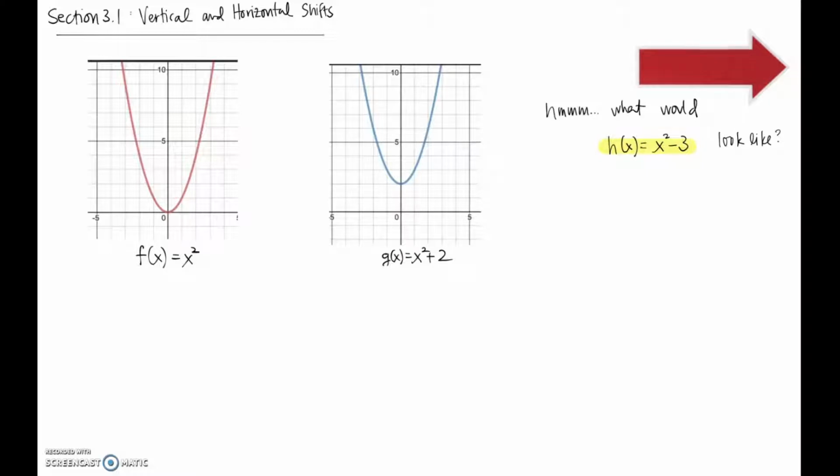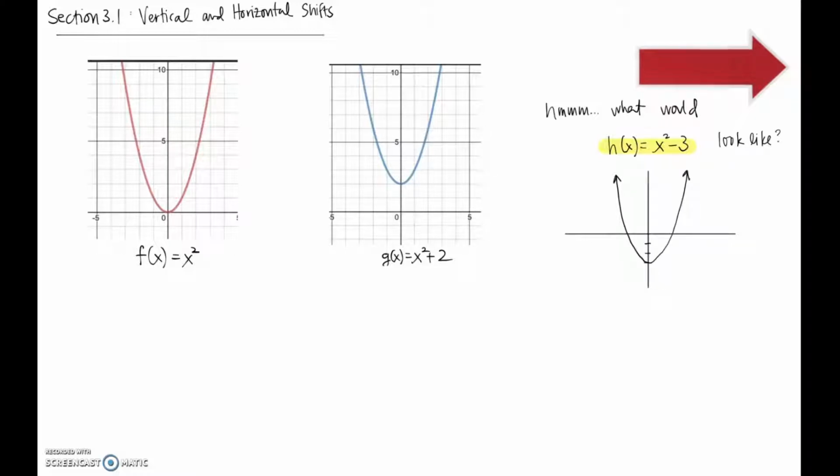Think about that for a minute. Knowing how these guys behaved, I would expect that h of x equals x squared minus 3 would probably be the same basic shape as f of x, that x squared function, but I would go down 3 units on the y-axis. And again, it would have the same basic shape, but it's as if it shifted.